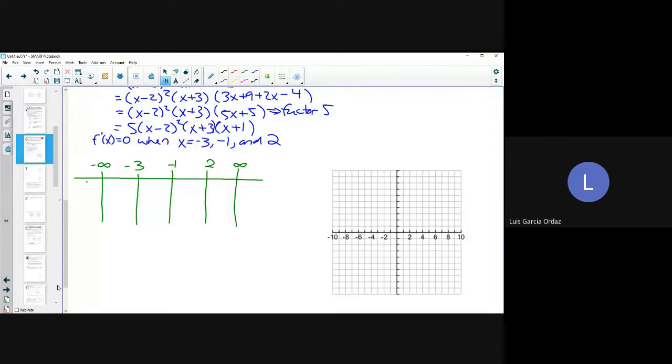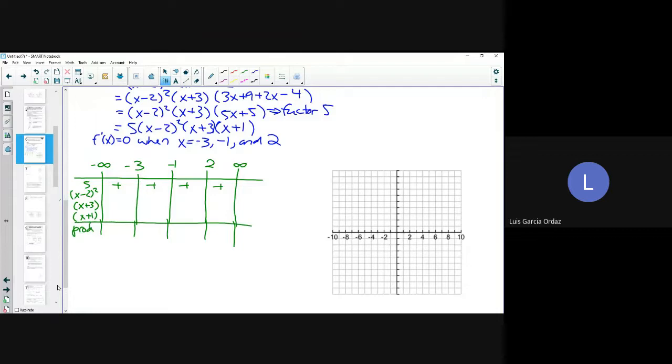So I have 5, which will always be positive across all of these numbers. Then we go in order: (x minus 2) squared, (x plus 3), and (x plus 1). And then I have my product at the end.